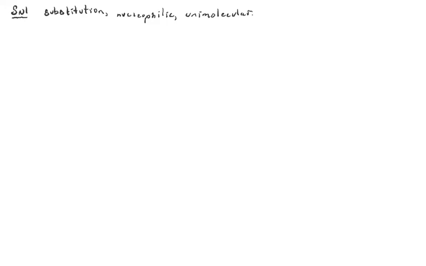And the reason, of course, is that you go through this carbocation intermediate. It's very high energy when you have a methyl or a primary substrate.